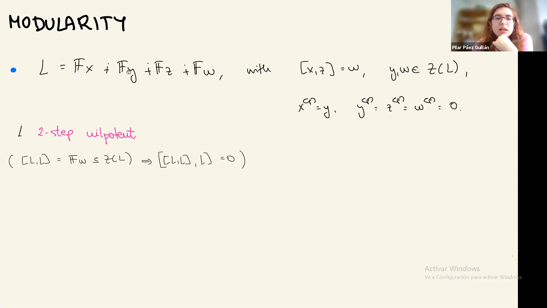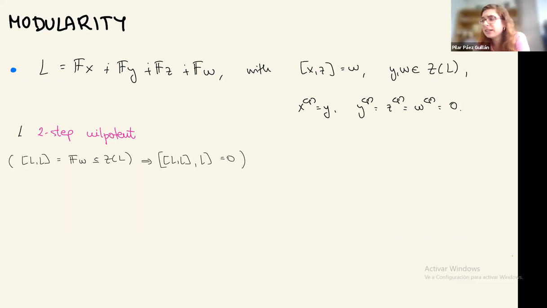Clearly the bracket of X and Y must be 0 to preserve the conditions of a restricted Lie algebra. I will take the bracket of X and Z to be W, and this will be the only non-trivial bracket. Y and W belong to the center of the Lie algebra.